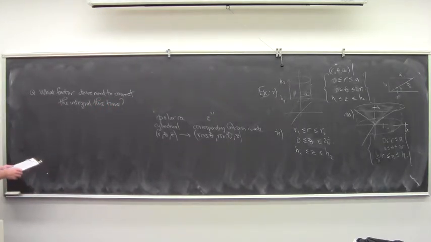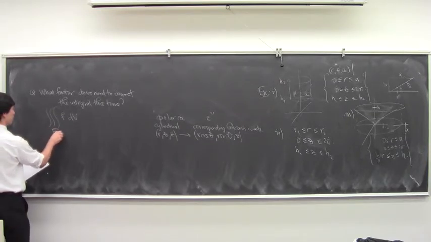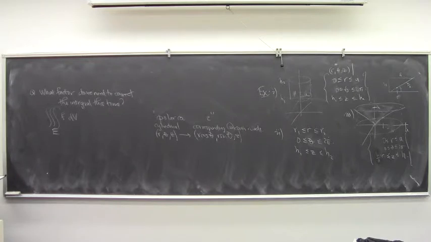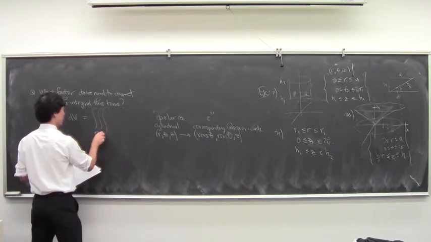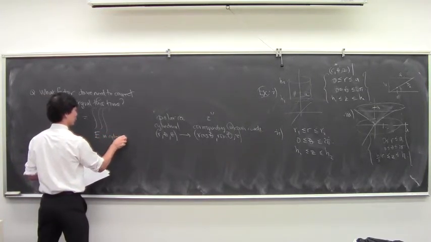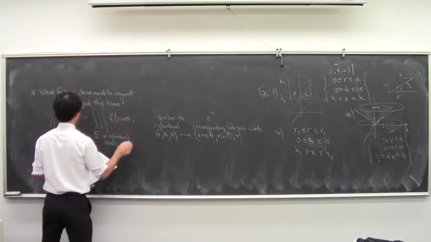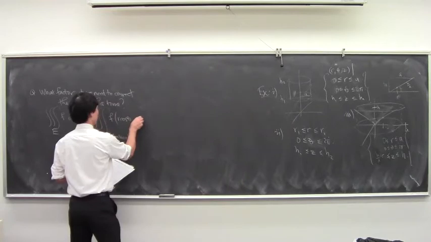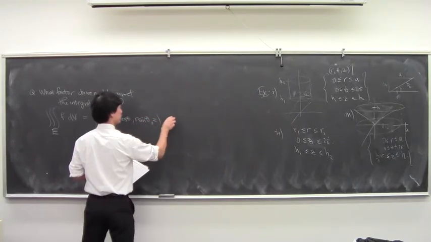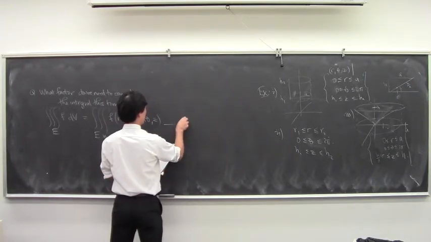You have your triple integral over some object E, and you'd like to express it in cylindrical coordinates: F evaluated at r cosine theta, r sine theta, z, some factor, then dz dr d theta.